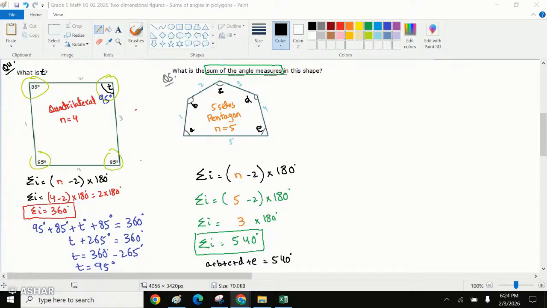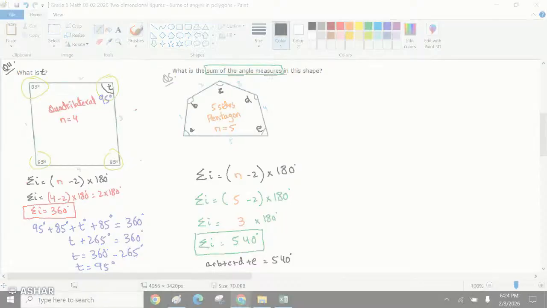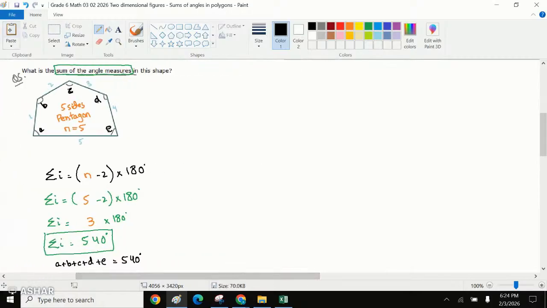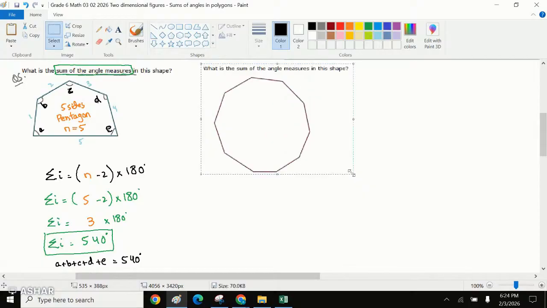Moving ahead to the next. Okay. Let's see how many sides are there in this given question. So now if we know the formula, we do not worry about what the sum is, right? Or about making triangles. What we would worry about is counting the number of sides accurately.